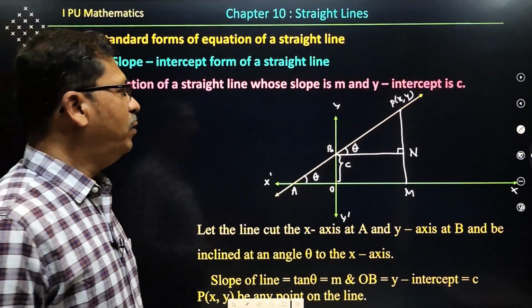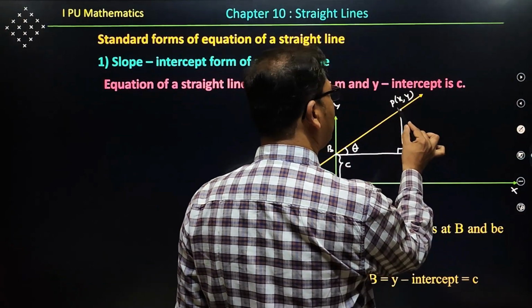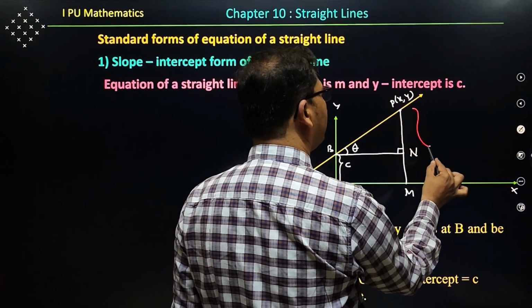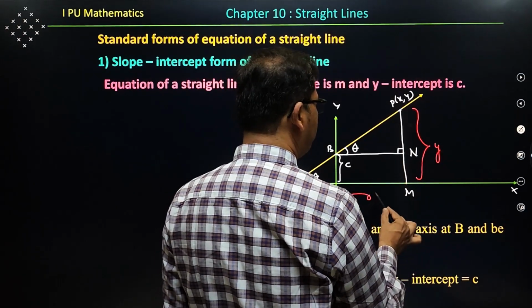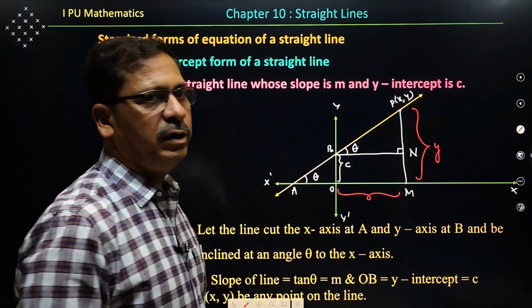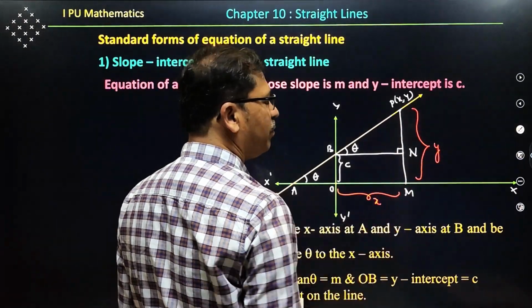With respect to this point P of x y, PM is y and OM is x definitely.